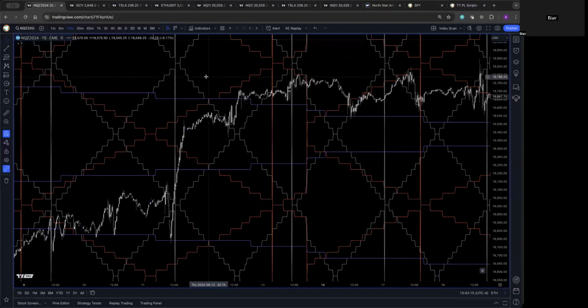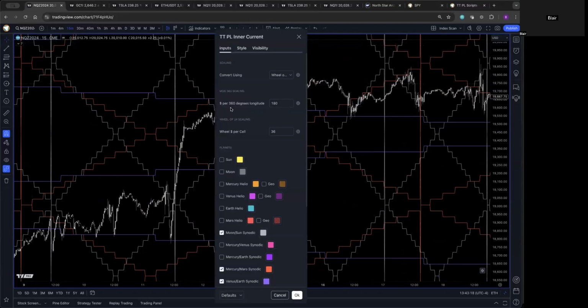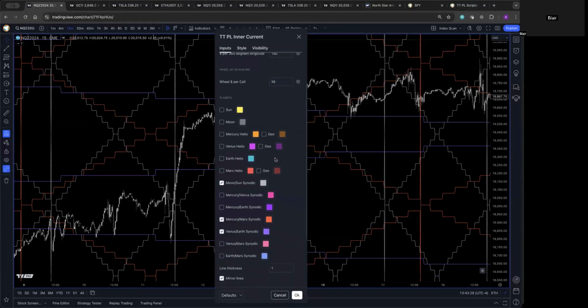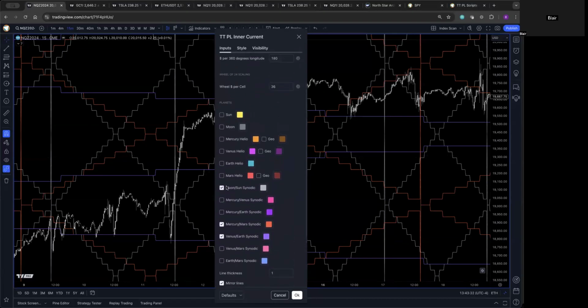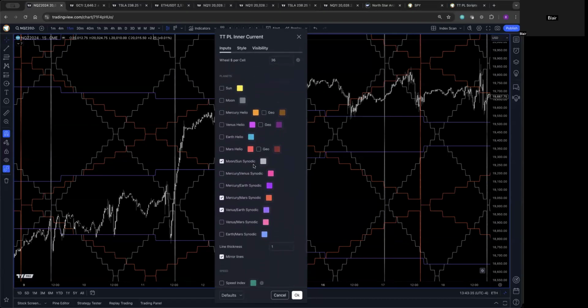All right, so intraday, this is what I've got set up here on NQ. And by the way, I really love this setup intraday. Again, we're using Wheel of 24. We're using $36 per cell. And we've got moon sun synodic. So this is basically lunar phase. Every 29 and a half days this completes a cycle.